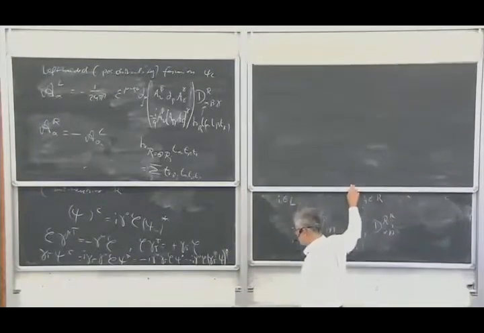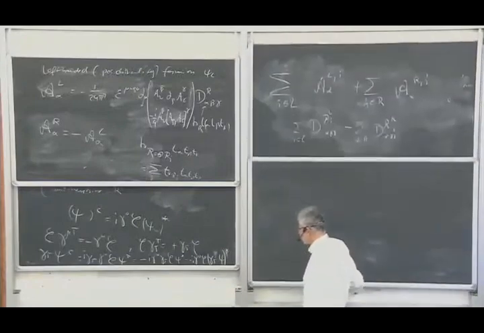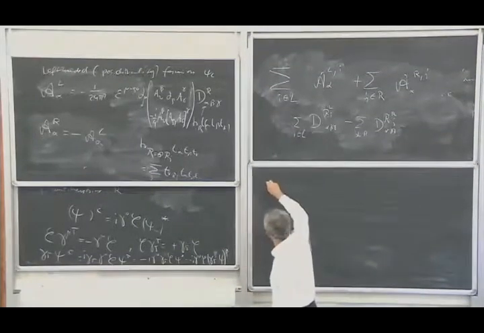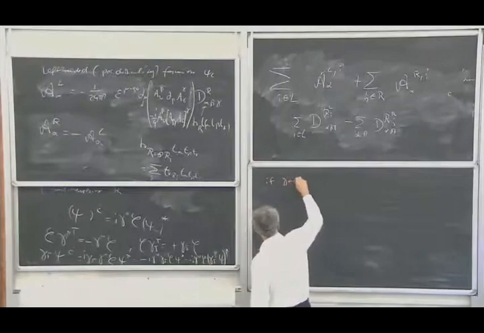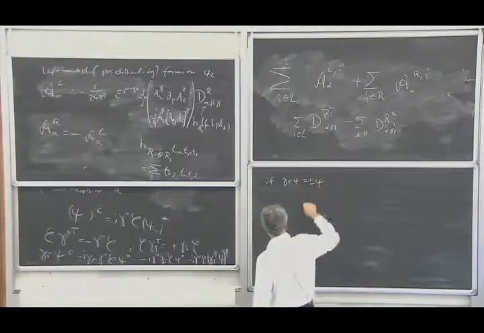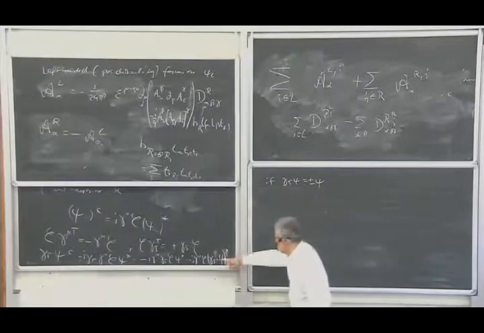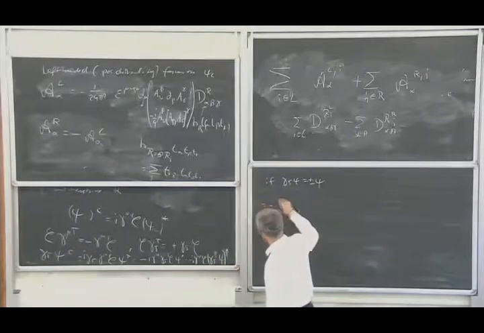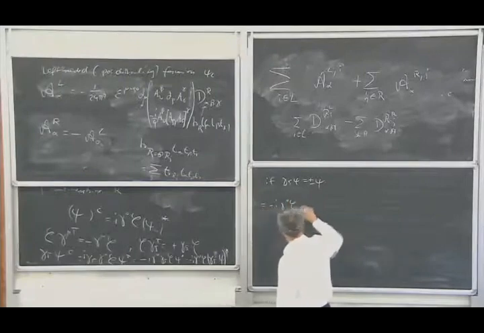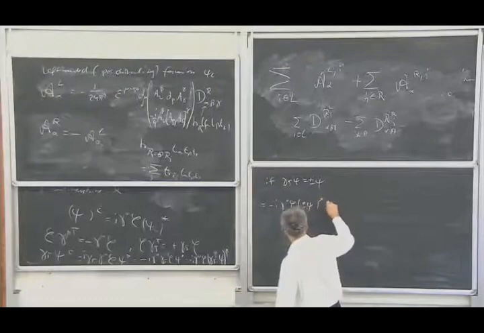Let's continue here. Now, if gamma 5 psi is plus or minus psi, which means it's right or left-handed, then what I get here is minus i gamma 0 C, plus or minus, psi complex conjugate.